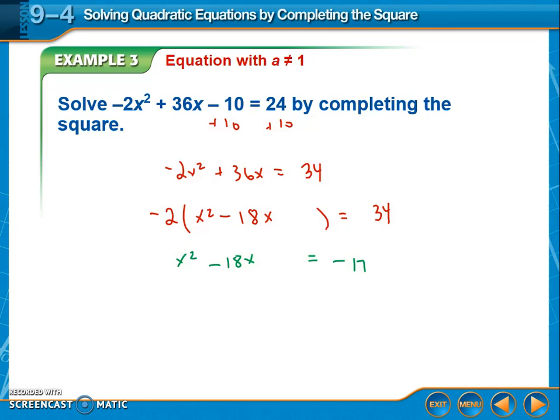Okay, so I need to know what I'm adding to each side. I want to find my value c that I'm going to add. If I add c there, I also have to add it here. So what is c going to be? C is equal to b over 2 squared. So my b now is negative 18, not this one, right? So negative 18 over 2, I get negative 9 squared, so that's going to be 81.